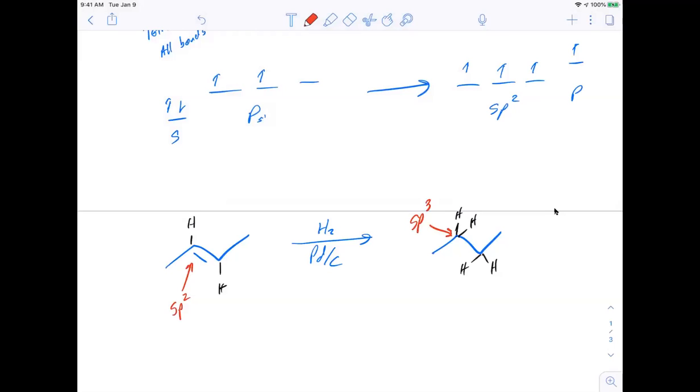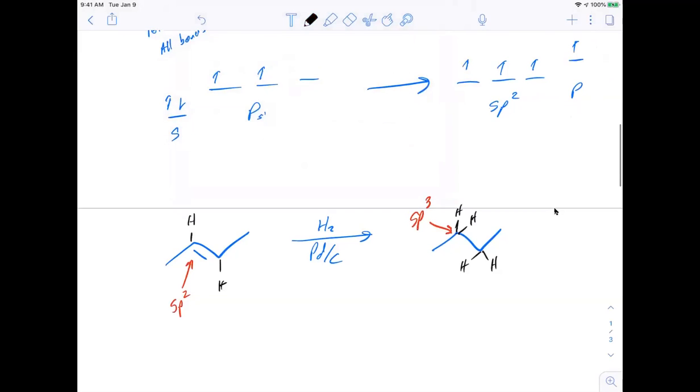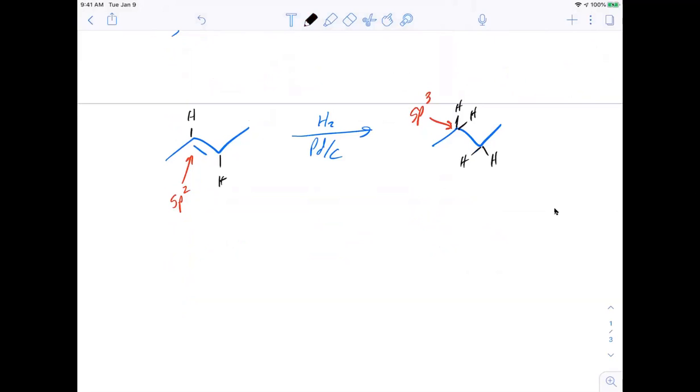So over here, if you look up here, the P does have an electron in it. But what that P is doing is not making a sigma bond. It's making the pi bond.